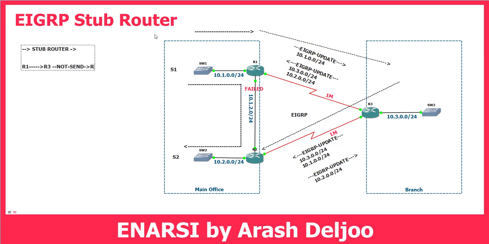You know that in the normal behavior of EIGRP, when R1 sends information to router 3, it should send it to router 2. This is the normal, standard behavior. But when you are using EIGRP stub on router 3, actually you should configure router 3 as the stub router.